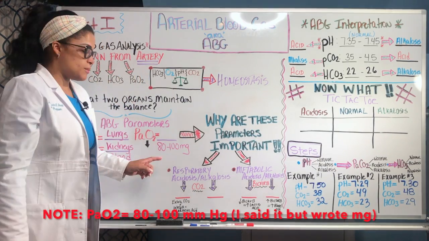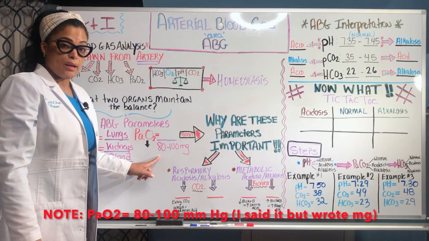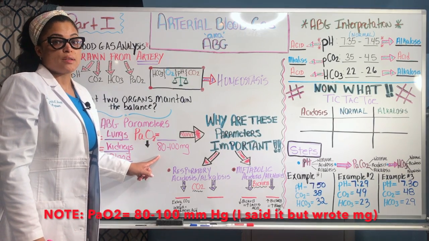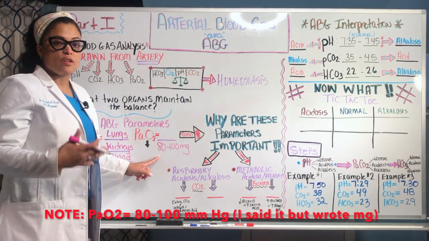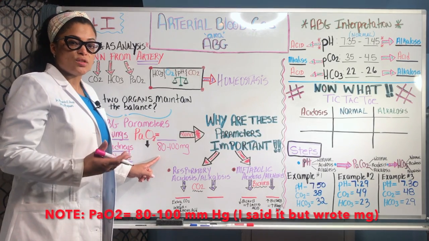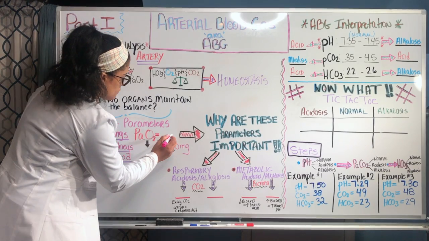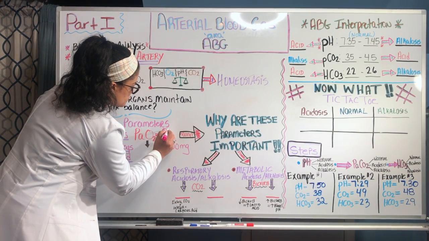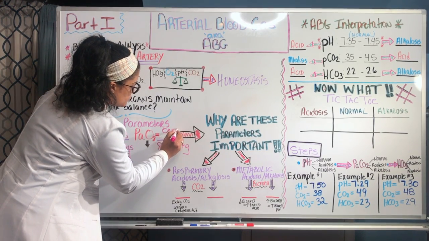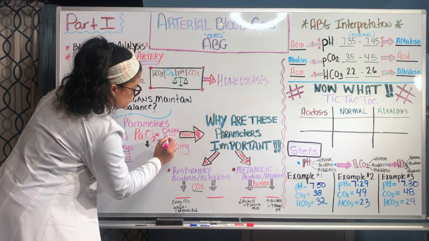If at any time it falls under the normal of 80, this can be hypoxia. So your patient is not receiving enough oxygen. There's not enough oxygen saturation to be able to perfuse your body. So perfusion.